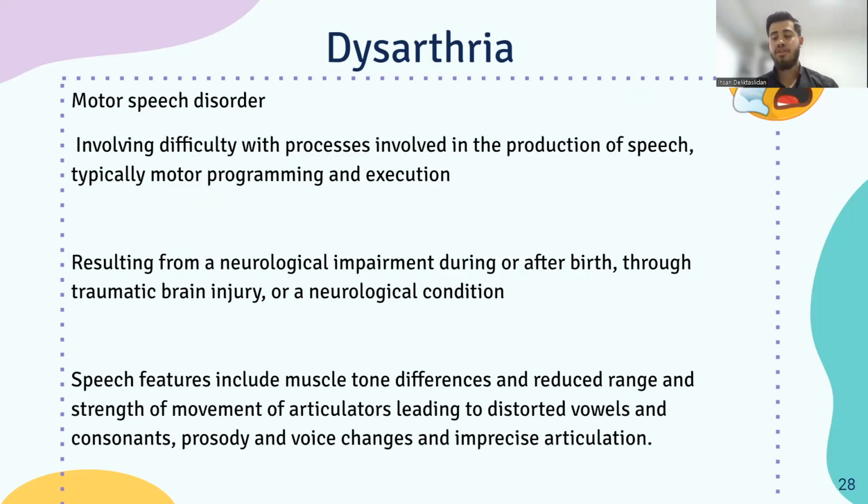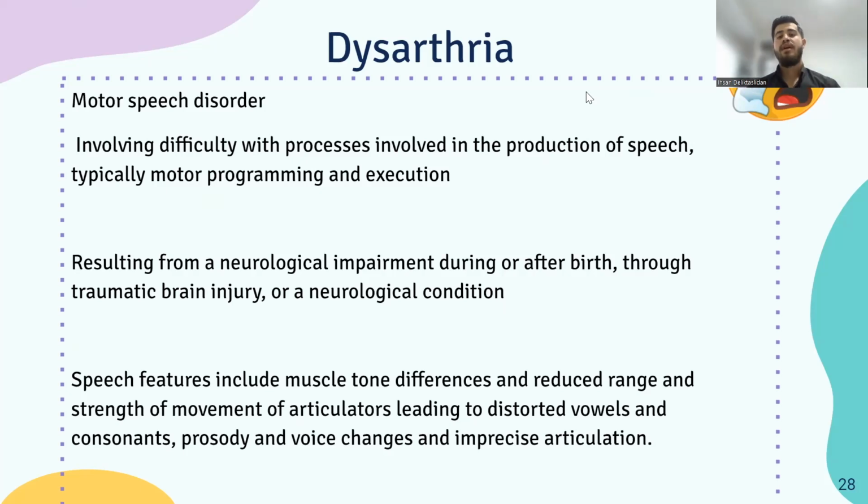Such a condition may be a result from a neurological impairment during or after birth through traumatic brain injury or a neurological condition. Common speech features include muscle tone differences and reduced range and strength of movement of articulators, leading to distorted vowels, consonants, prosody, voice changes, and even imprecise articulation.